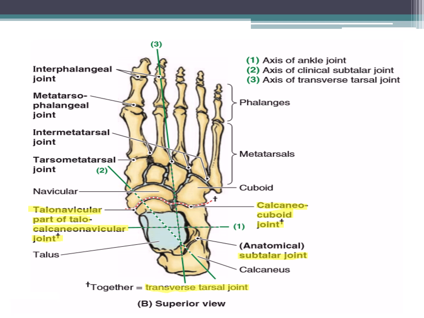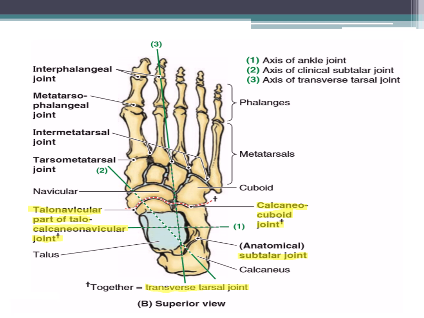Now, basically what is happening at this transverse tarsal joint is that the majority of the movement occurs at the midfoot and the forefoot. The midfoot and the forefoot rotate as a unit on the hind foot. This is the hind foot, this is the midfoot, and this is the forefoot.